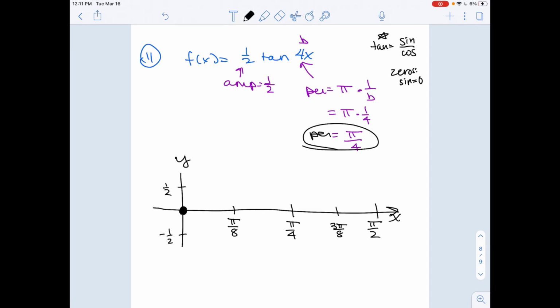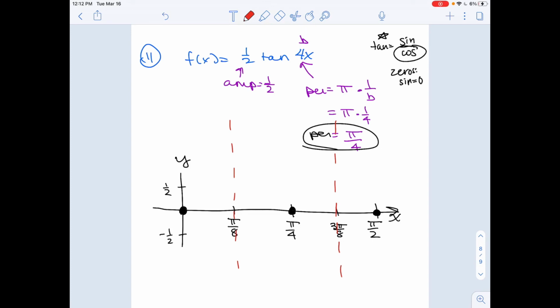So every distance of pi over 4, it's going to come back to that same point. So I know I'm going to come back to 0 at pi over 4, and then again at another pi over 4. Okay, so those are my zeros. And then I know that when cosine is 0, that's going to make it undefined, and that's going to happen right in the middle of these two. So there's an undefined right in between those zeros.